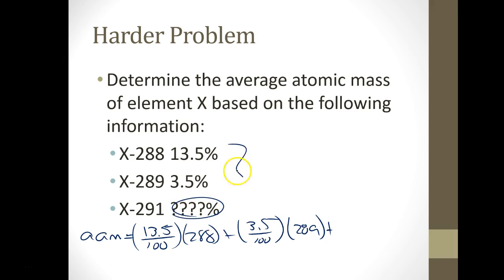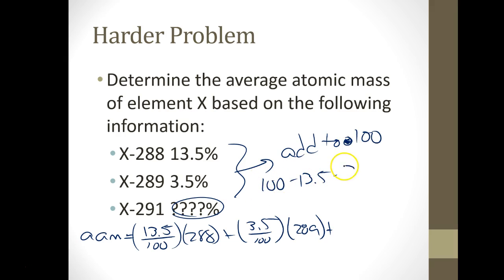Well, don't forget, the way percentages work is they will always add to 100. So if I take 100 minus 13.5 and minus 3.5, what I get is 83. So I'll put 83 over 100 times how much it weighs, 291.